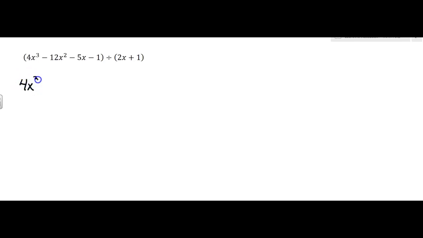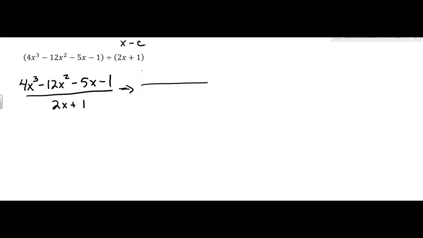We have this polynomial. And I should have caught my mistake at the beginning, but I didn't. Now, if I look at the denominator, and I want to use synthetic division, I need this to be like x minus c. I can do that.